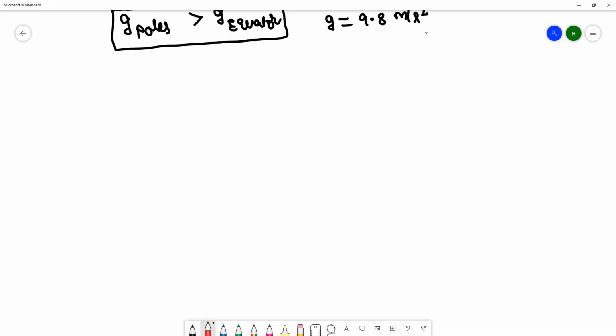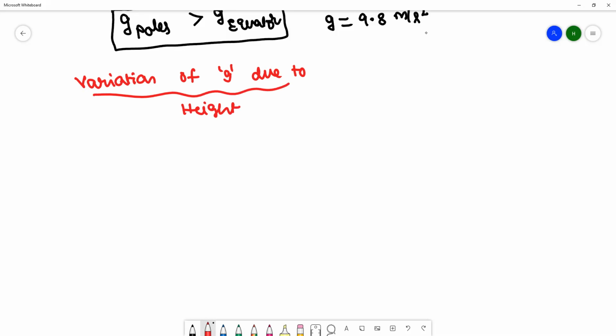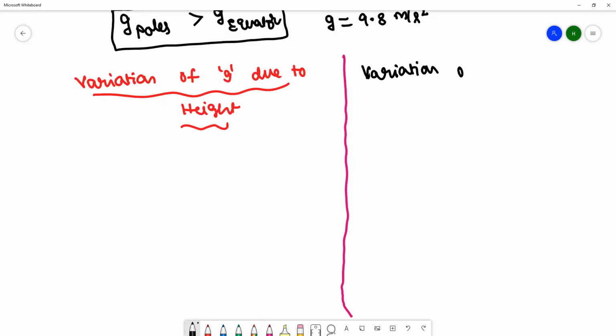You can see here the variation of g due to height, and here the variation of g due to depth.